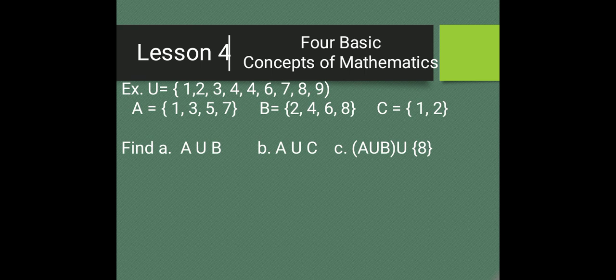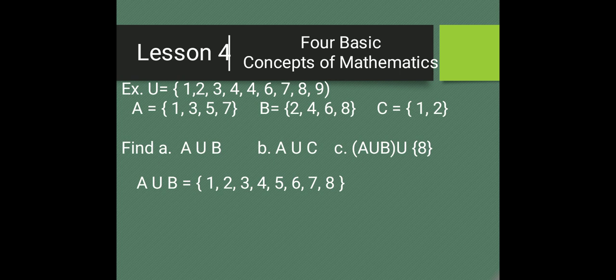Now, if we are about to find the union of A and B, so letter A, find the union of the sets A and B. So, paano yan, sir? Again, ang union is ang combination ng lahat ng elements ng parehong set with no duplication. So, alam natin na sa set A ay mayroong 1, 3, 5, and 7. Tapos, i-union natin yan kay set B. So, we have 2, 4, 6, 8.